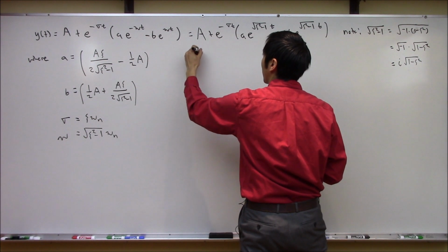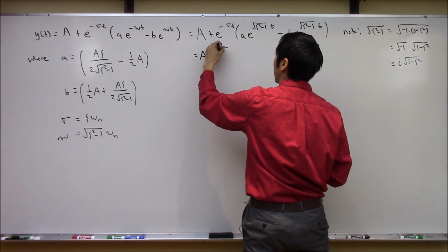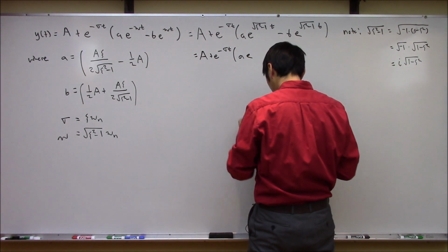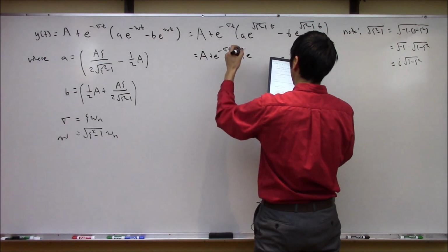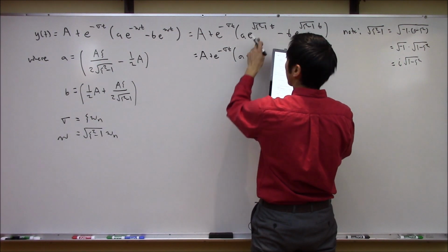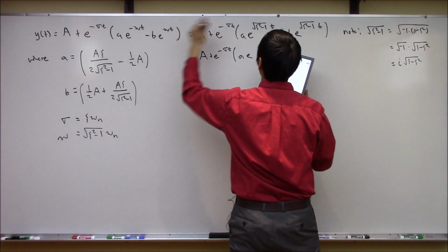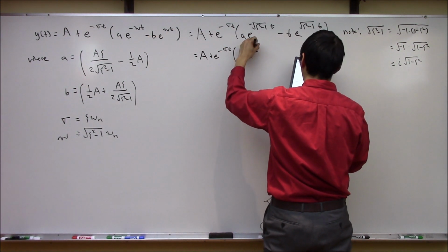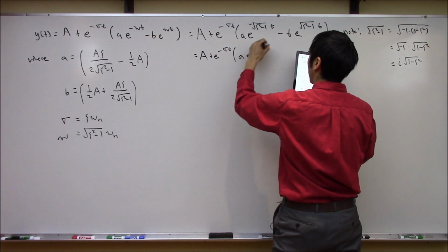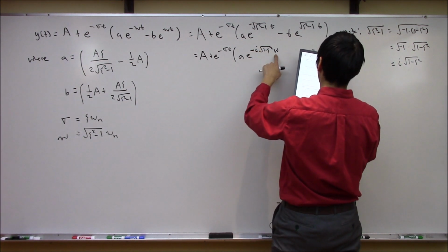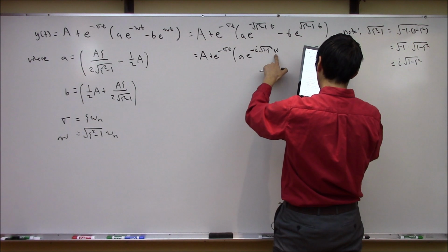So I could rewrite this thing as a e to the minus sigma t times little a e to the, I want to make sure I get this right here. So e to the, wait a second, where did I drop a negative? Sorry, I dropped a negative sign. There should have been a negative sign right here. So this should be negative i square root of 1 minus zeta squared omega, wait a second.